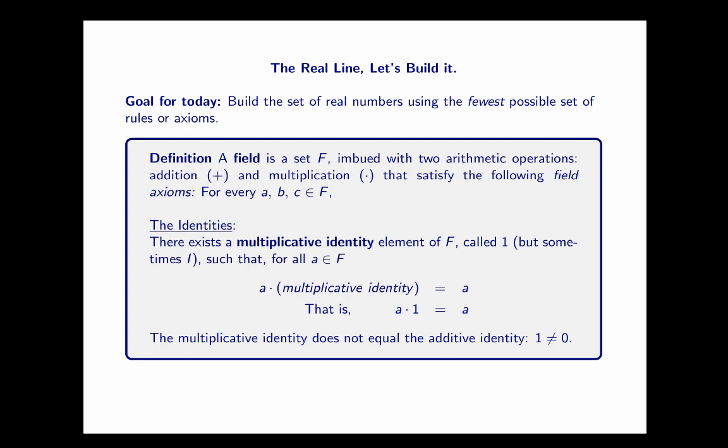Now, again, we might think, well, sure, of course not. But remember, we're building this from the ground up. What if I didn't require that 1 cannot, by axiom, equal 0? What would happen? Could 0 on its own be a field? You should think about that.